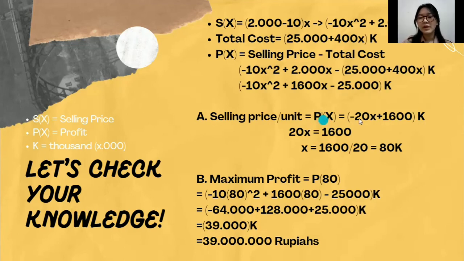When it looks like this, we can move the minus 20x to the left side, and then we divide both sides by 20. So we'll have x equals 1,600 divided by 20 equals 80k. We are going to add k because we have a k here, okay?